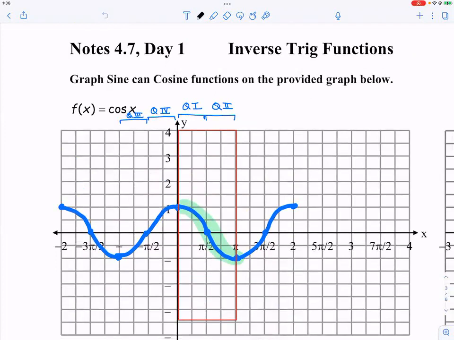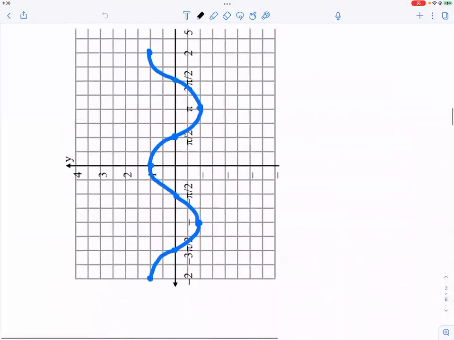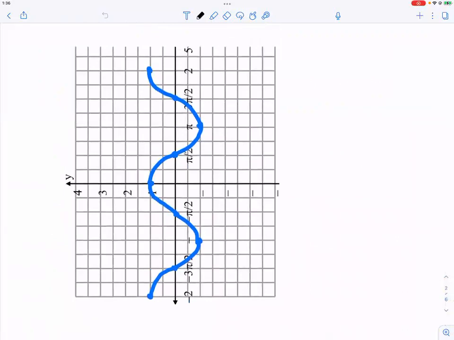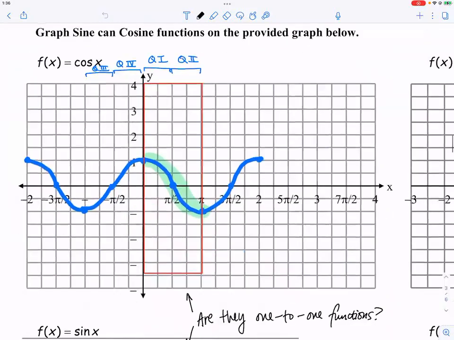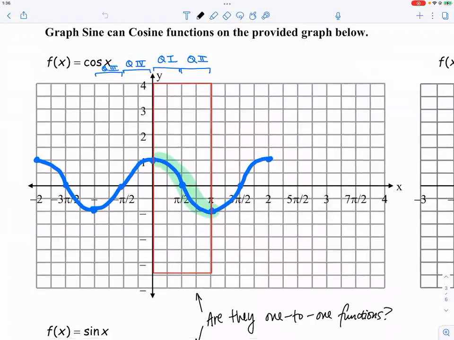We ask the question, is this a one-to-one function? And the answer is no. The problem of not being a one-to-one function is that if you swap the x and y, it is not a function. So we have to restrict our domain. Which portion of the graph should we restrict so that we have a one-to-one function?